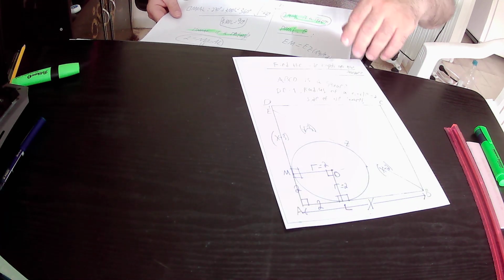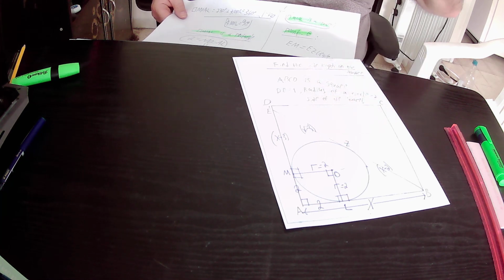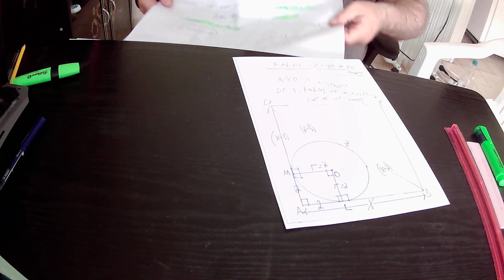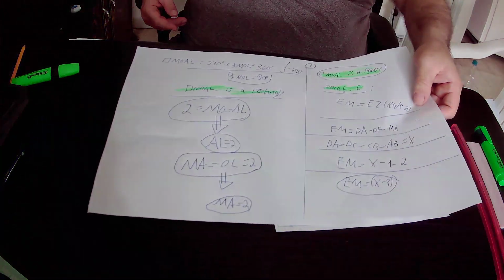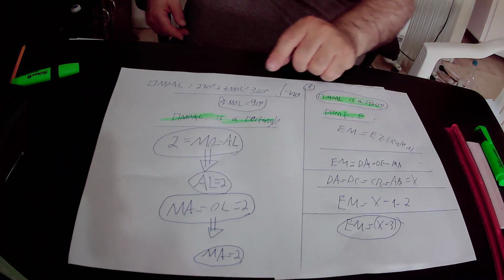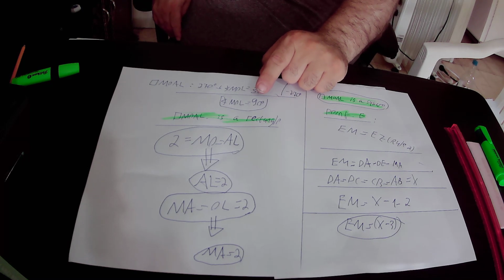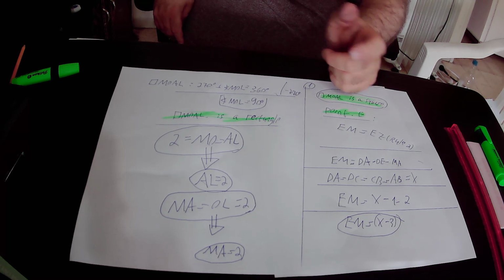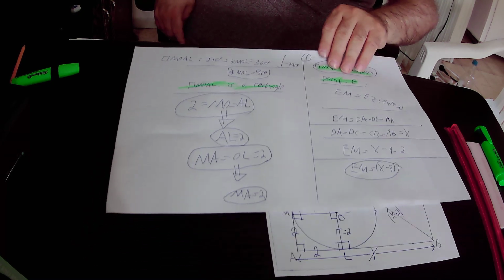So here, this angle is a right angle, therefore in quadrilateral MOAL we have 4 right angles, and any quadrilateral that has 4 right angles must be at least a rectangle, so we treat quadrilateral MOAL as a rectangle. Okay, and we also know that the opposite sides of a rectangle are equal to each other.